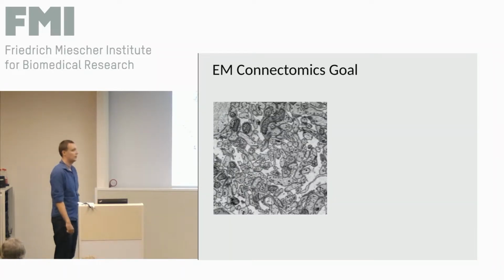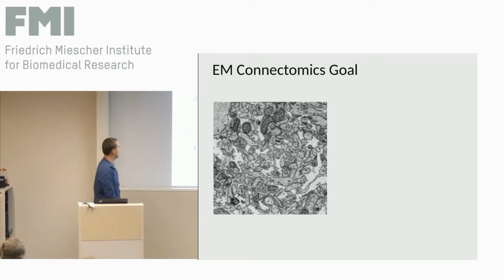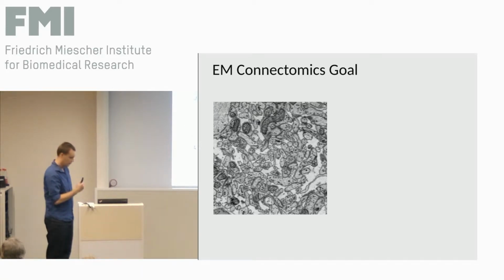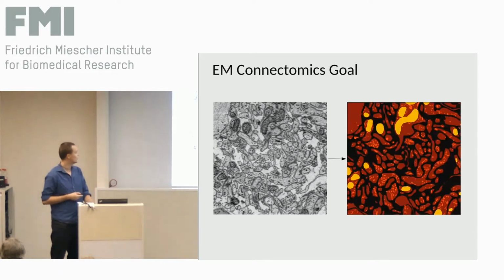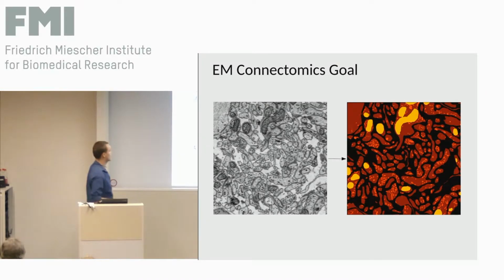This is how one single image looks, so really the raw data. Okay. So what you can see here are cells. These are cell outlines. The white space is the extracellular space, and you see stuff inside. And what we're trying to do is to first do a classification of these images.